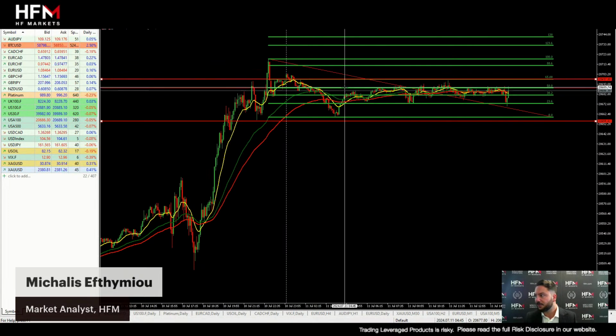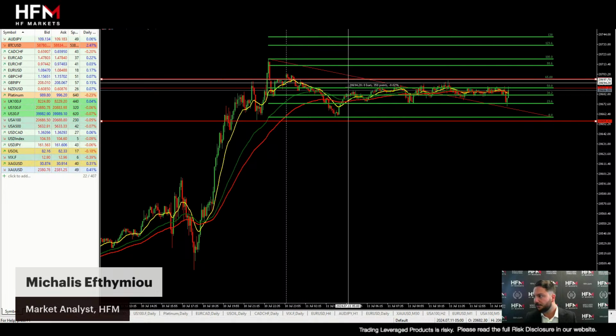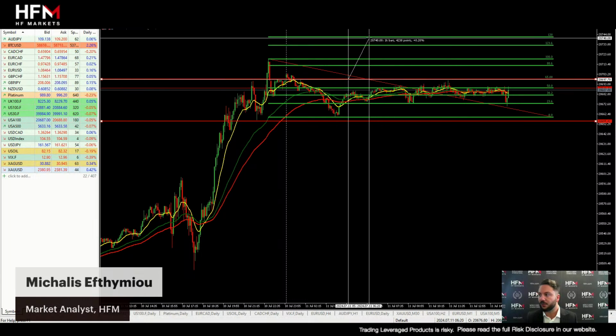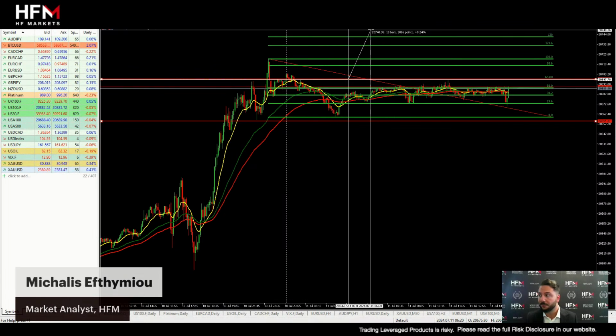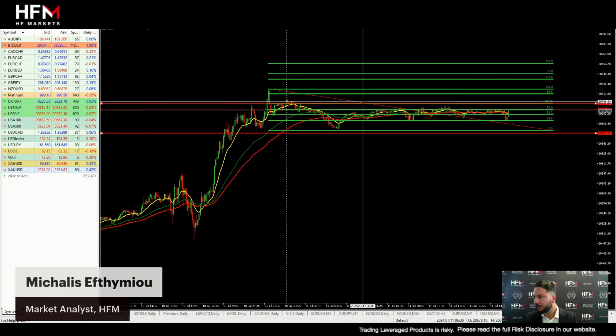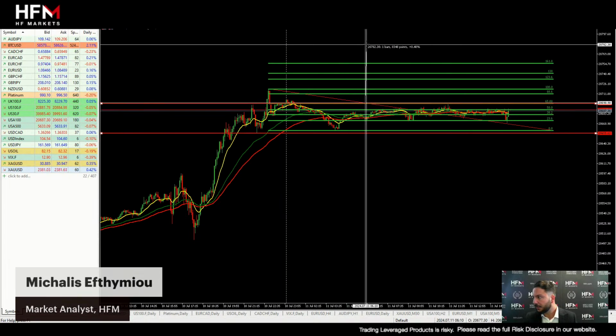Now, the stop loss, ladies and gentlemen, bear with me, from the entry is 0.20% away. A lot of people ideally want a reward to risk ratio of 2-to-1. That would put their take profit at 40, which is here, ladies and gentlemen.